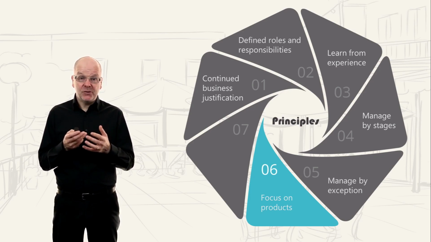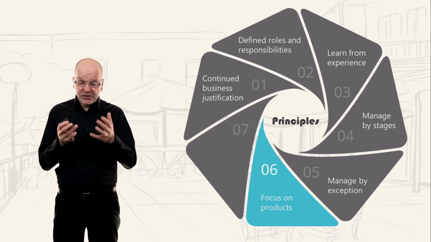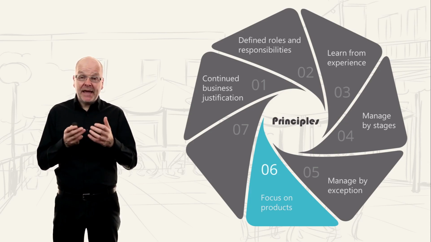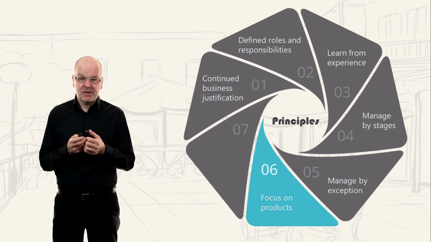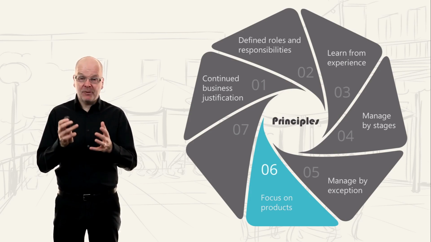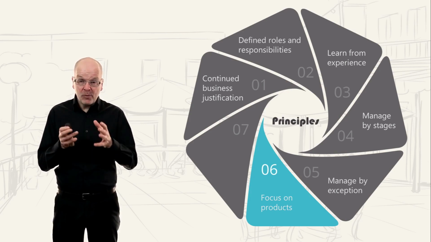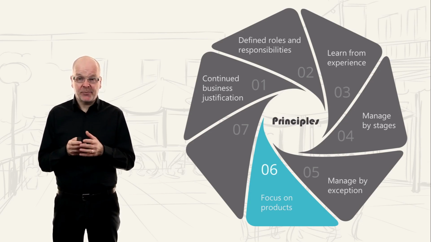So where do we define products and write these product descriptions? Well, the first thing we do from a product point of view is to create the project product description in the SU process. And this is normally a 1 to 2 page document. So it describes the main output of the project so that all project stakeholders then have the same expectations at the start of the project, which is a good start.